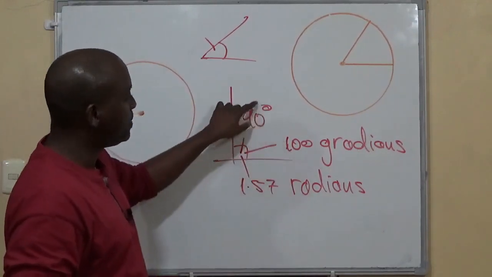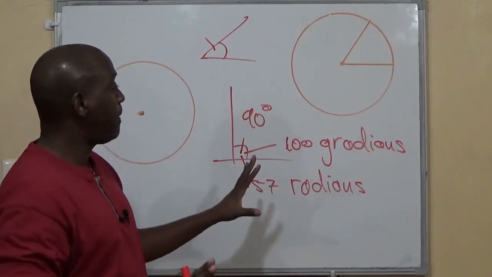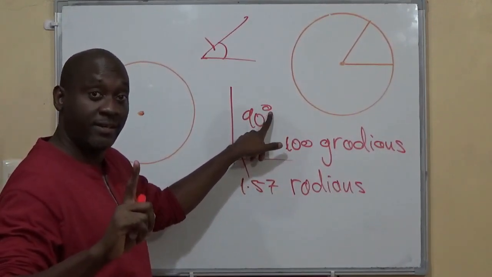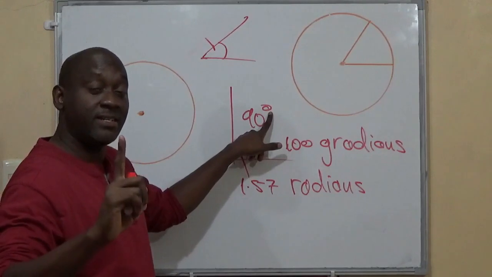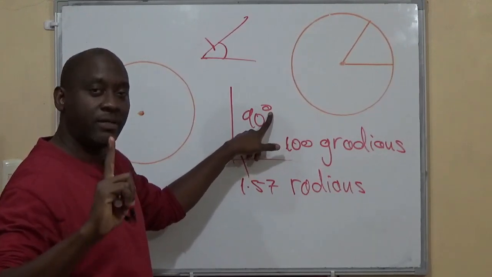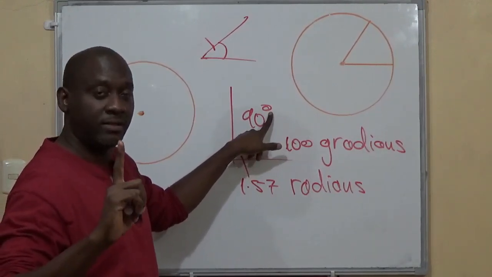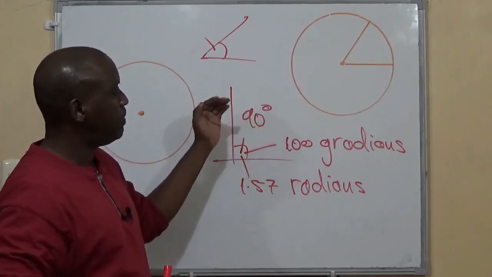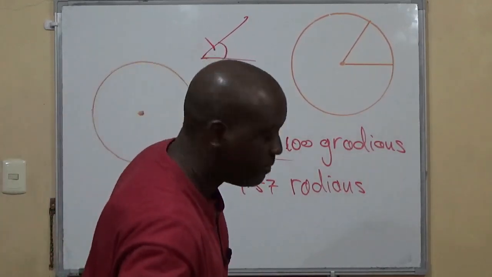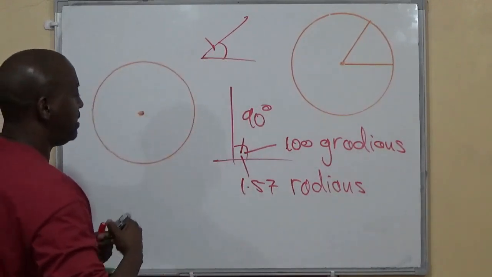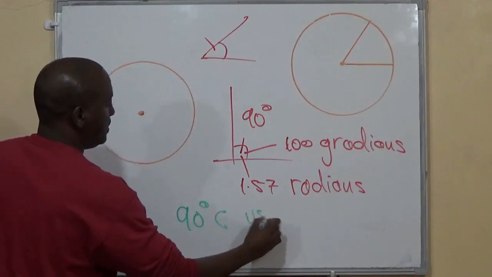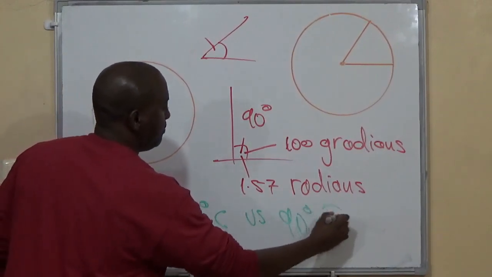So right here, we have three ways of measuring angles. We have the degree, which is familiar to everybody. Now this degree is not to be confused with degrees Celsius. Degrees Celsius is a measurement of temperature, not angles. Big difference. We use the same small zero, but when we measure temperature, that small zero is normally accompanied by another letter. So you have 90 degrees Celsius versus 90 degrees Fahrenheit.